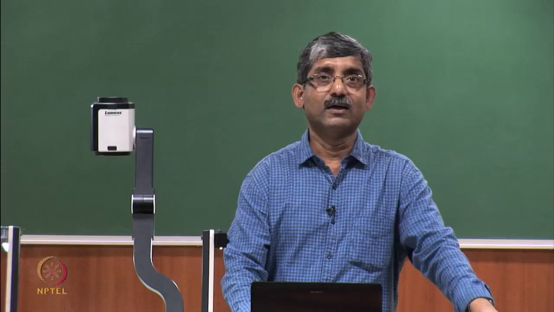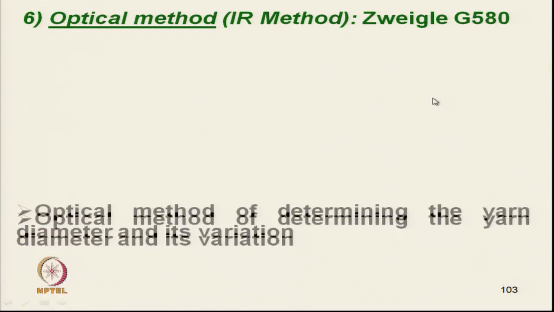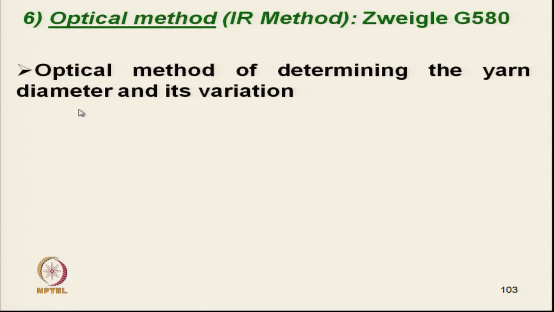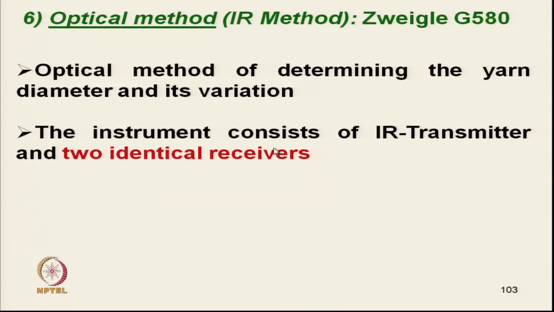Next is another optical method, which is the infrared method, Zweigle's G580 model, an optical method of determining the yarn diameter and its variation.